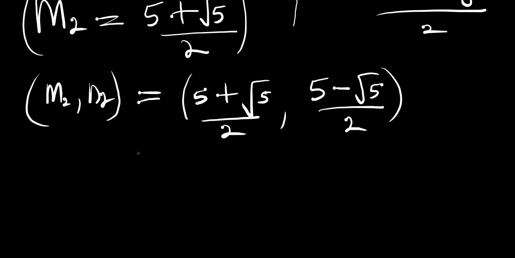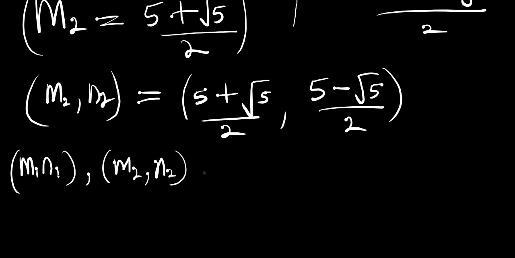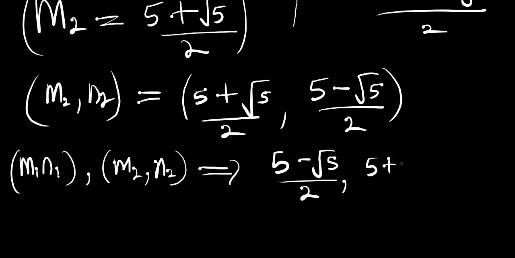You can write it as m1, n1, then you have, comma, m2, n2, which is like writing m1, we had it as 5 minus root of 5 divided by 2, and n1 we had it as 5 plus root of 5 divided by 2.